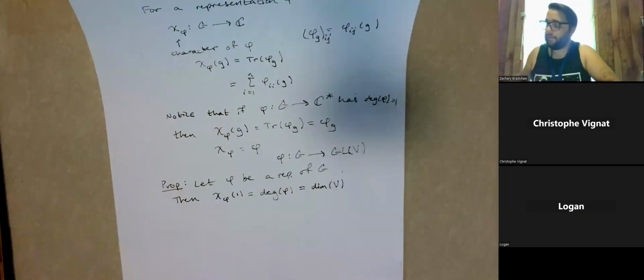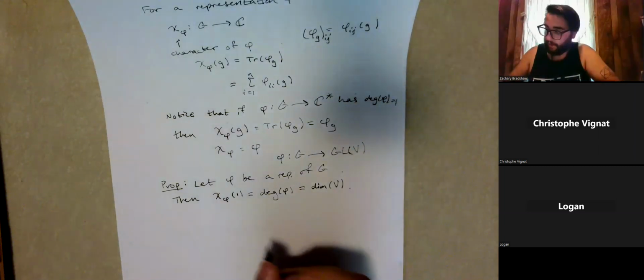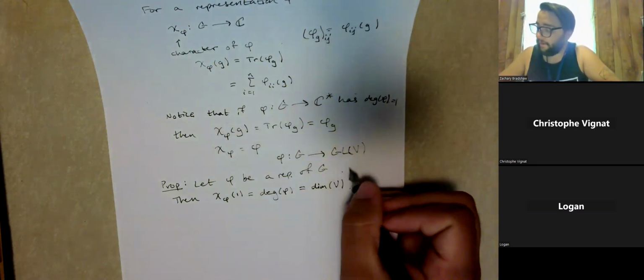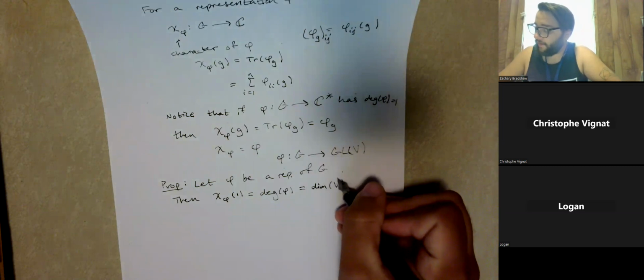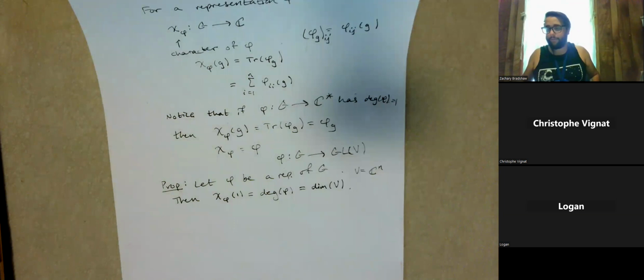Maybe I shouldn't write V here because we're taking the matrix picture. So really I should write V equal to C^n for some n.